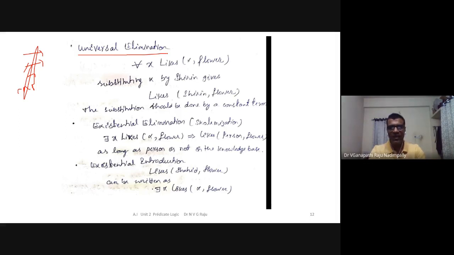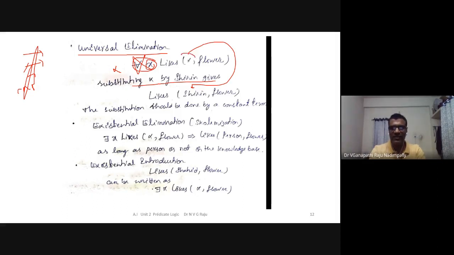Universal elimination. For example, if my FOL sentence consists of for all x, I have to eliminate the for all. Wherever I have eliminated the for all symbol, I have to replace the variables with constants. Is it okay for everyone? Here I removed for all x from the FOL statement, and I'm going to substitute x by any name, that means any variable or any constant.